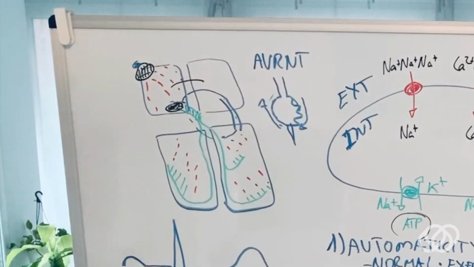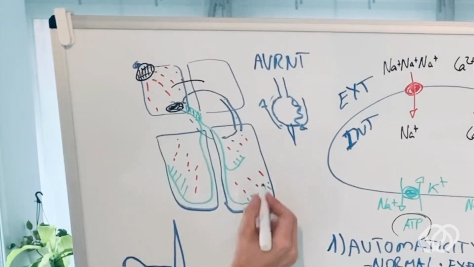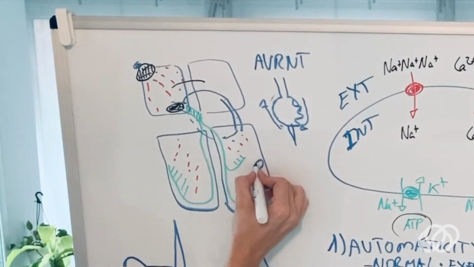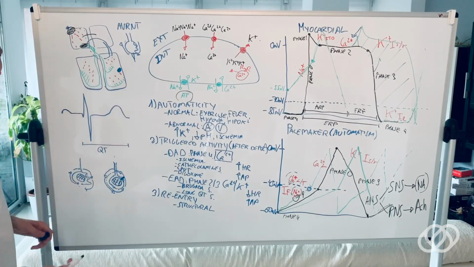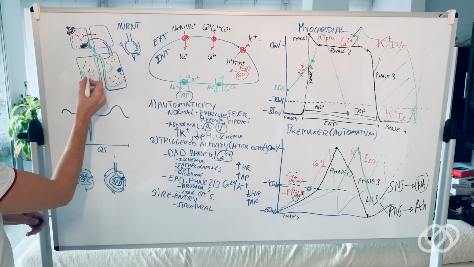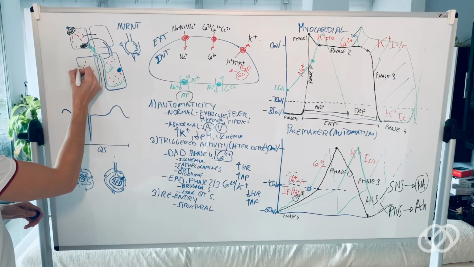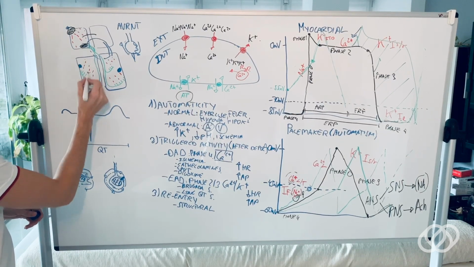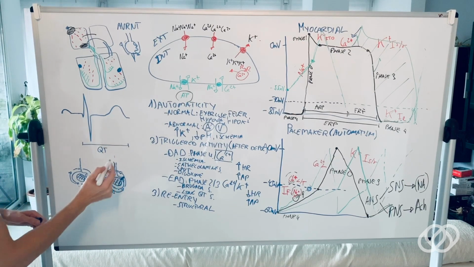And every time we have a scar, for example a myocardial infarction in the left ventricle, or for example dysplasia in the right ventricle, we can also have this structural re-entry.